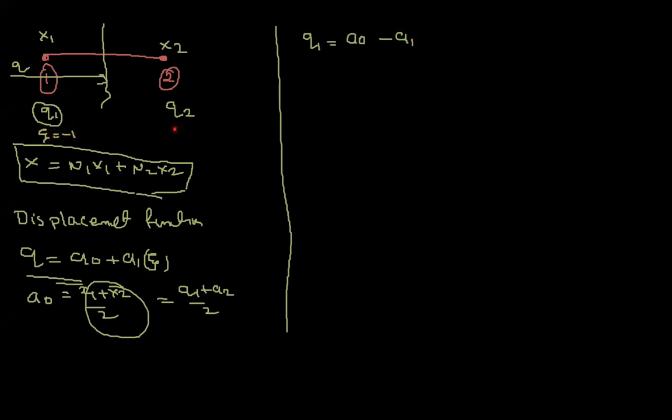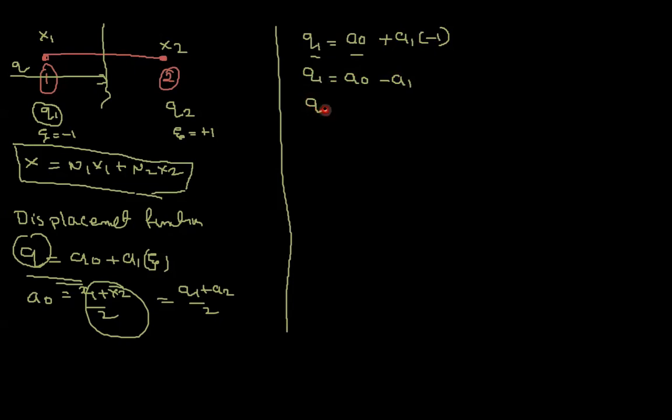At node number 2, zeta is equal to plus 1. So at node number 1, q1 would be equal to a0 minus a1, because here you get a0 plus a1 times minus 1, similar to the last case.